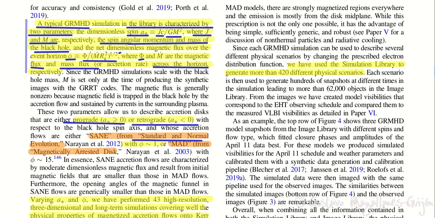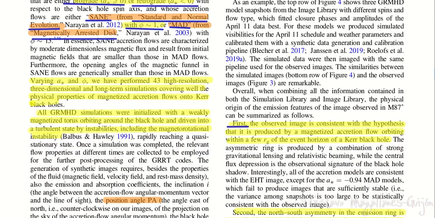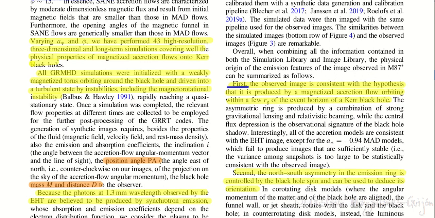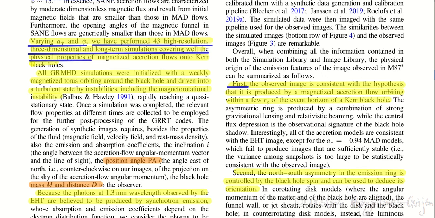And we have a standard and normal evolution, SANE, with phi more or less 1, or magnetically arrested disk, MAD. In the experiment, varying a and phi, we have performed 43 high-resolution, three-dimensional, long-term simulations covering well the physical properties of magnetized accretion flows onto Kerr black holes.